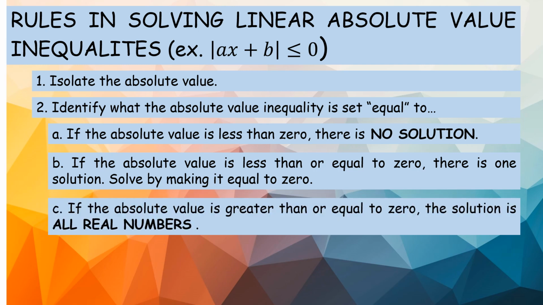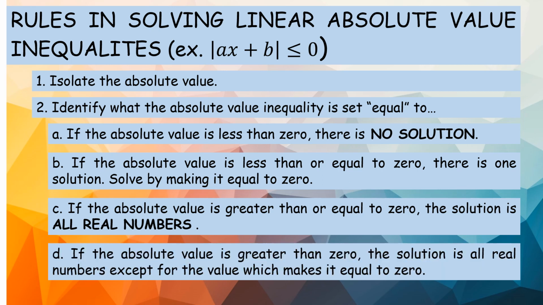And then the third one, if the absolute value is greater than or equal to 0, the solution, of course, is all real numbers. And then the fourth one, if the absolute value is greater than 0, the solution is all real numbers except for the value which makes it equal to 0.